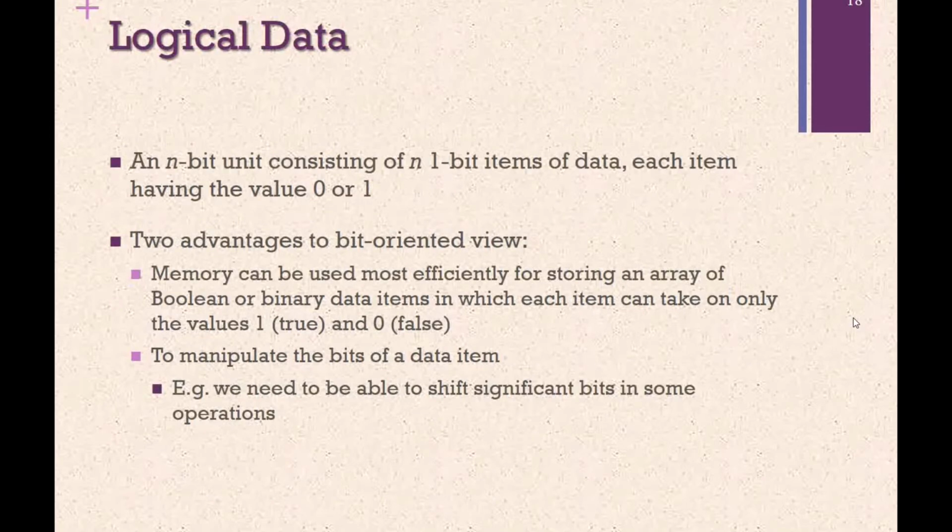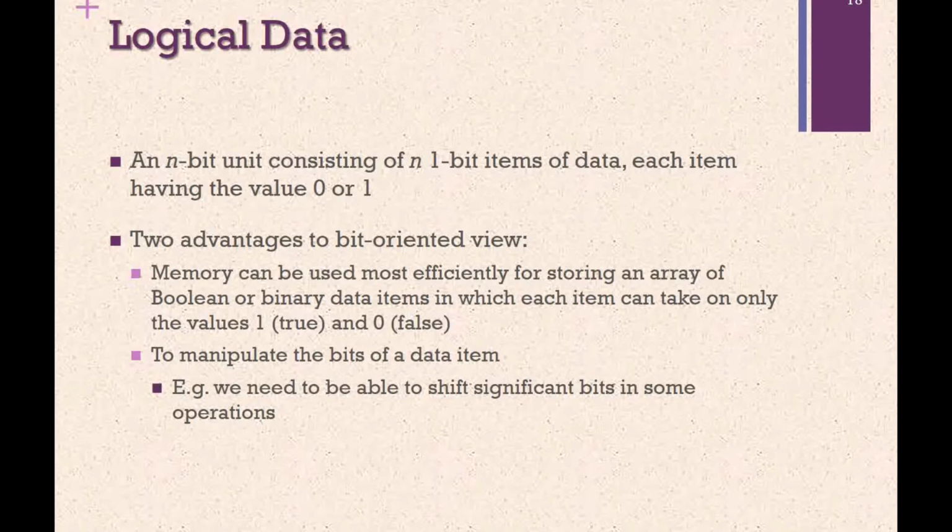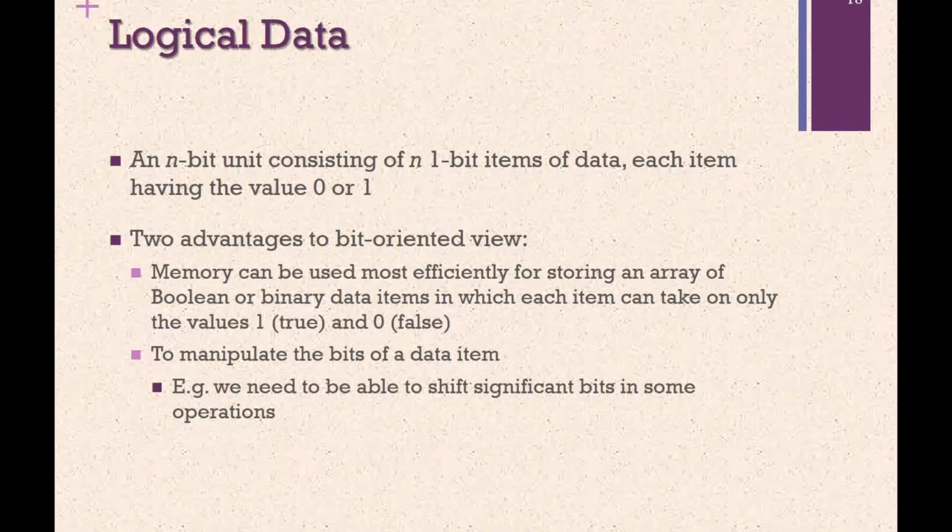So logical data: an n-bit unit consists of n 1-bit items of data, each item having the value 0 or 1. There are two advantages of the bit-oriented view. Memory can be used more efficiently for storing an array of boolean or binary data, where an item can take only one of two values, either 1 or 0, in other words a true or false value.